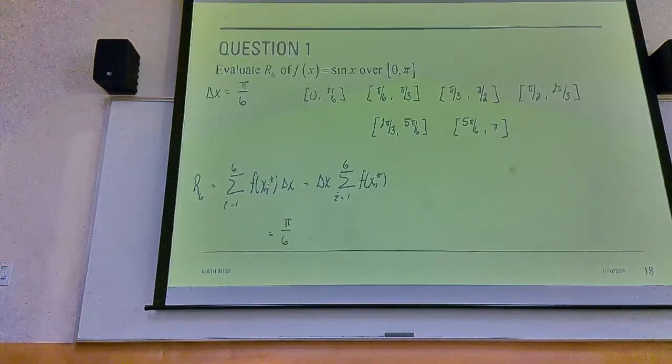Pi over 6 times... The right endpoint of your first subinterval is what? I over 6. That's your i equals 1 term.